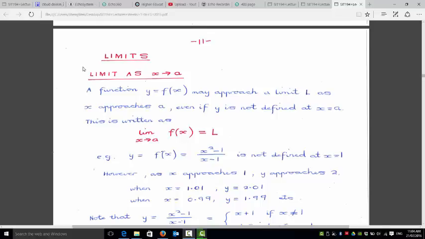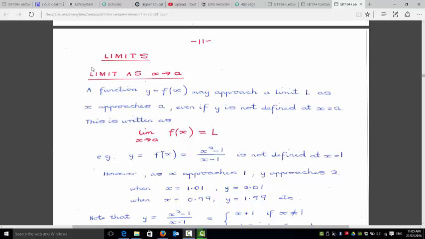Given a function f(x), if x approaches a constant a, then f(x) will approach a limit L, also a constant or infinite.